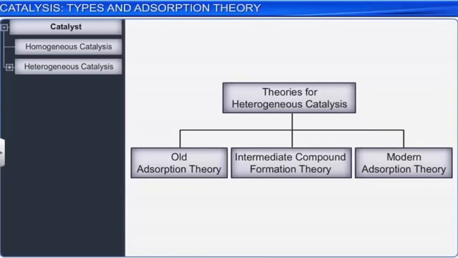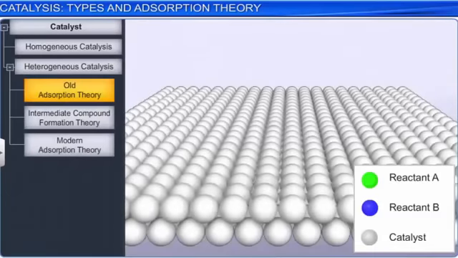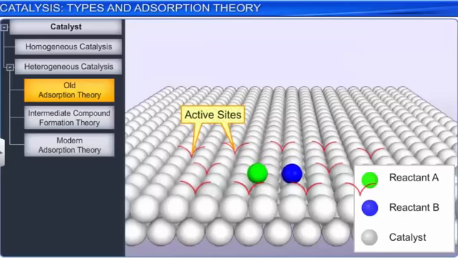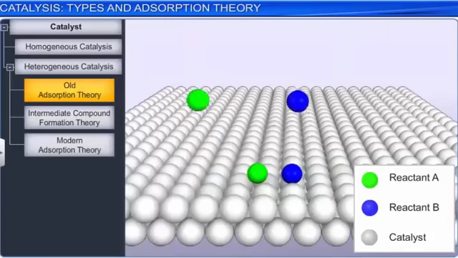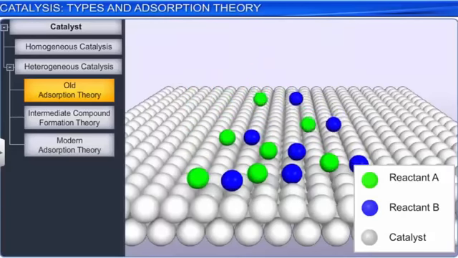Let us first discuss the old adsorption theory. According to the old adsorption theory, the reactants in the gaseous phase and the solution phase are adsorbed at the active sites on the surface of the catalyst. This results in an increase in the concentration of the reactant molecules on the surface of the catalyst.